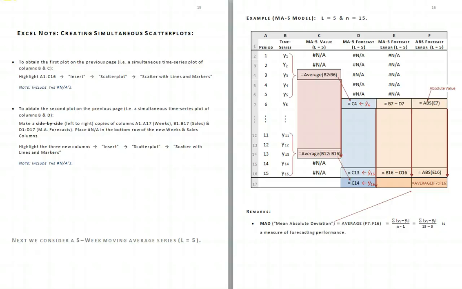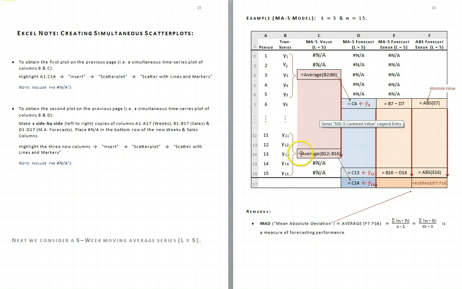The pattern we developed for the MA3 model is essentially the same for the MA5 model, except we are averaging over 5 consecutive actual series values. The first MA5 smooth series value is identified with the 3rd period. In the MA5 model, we lose the first 2 periods.